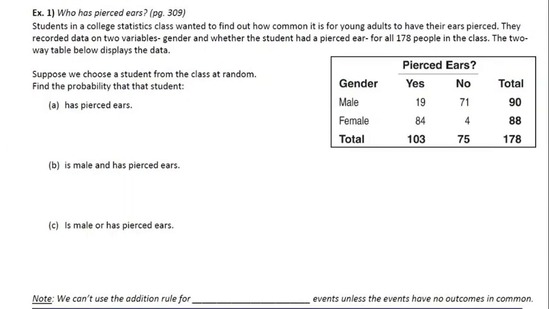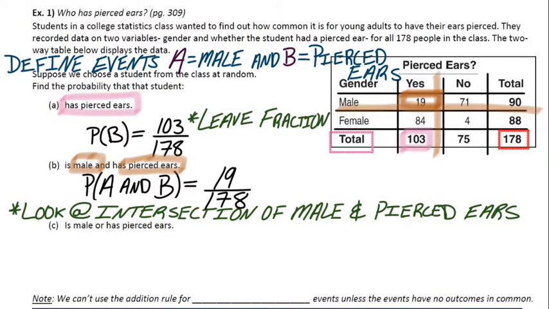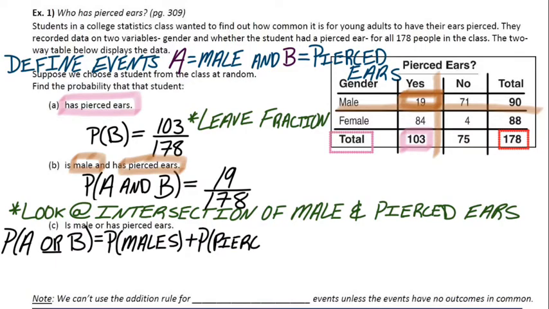And then if I can just scroll down here, part C, what's the probability that the student selected is a male or has pierced ears? So all the students that meet this criteria, either a male or has pierced ears. So that's the probability of A or B. Let's consider all the males as well as all the people with pierced ears, whether they're males or females.